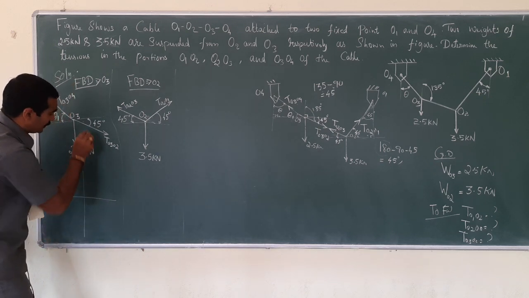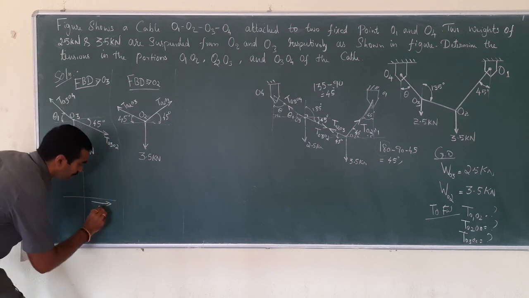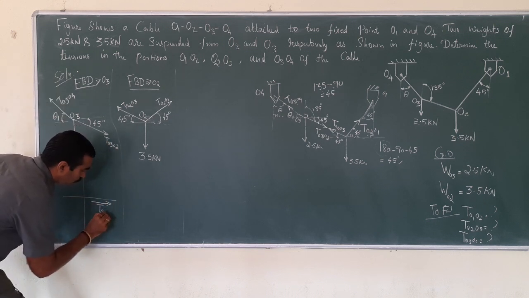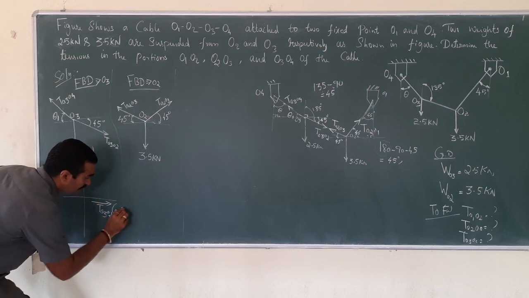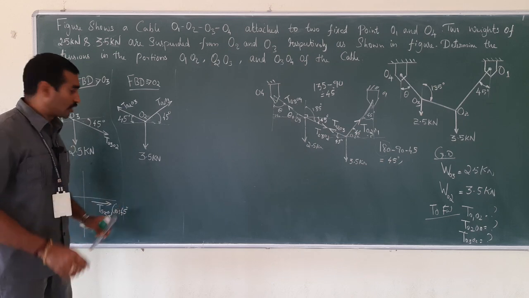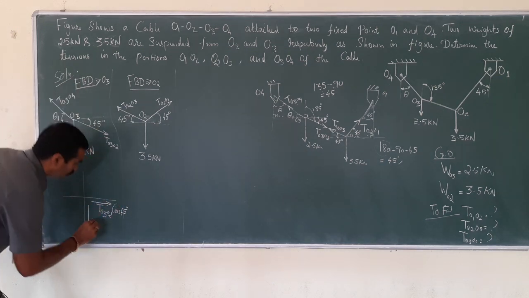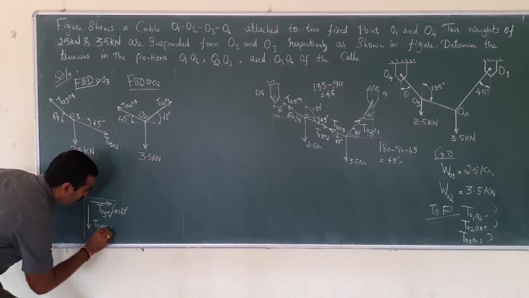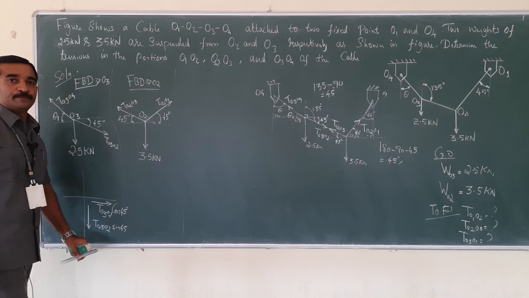So, this can be written in this way, of magnitude T O3 O2 cos 45, because horizontal we need to consider as cos component, and for the vertical sin component, and this of magnitude T O3 O2 sin 45 degree.